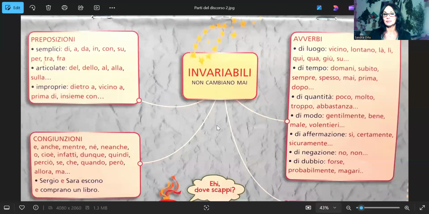Now let's see some parts that do not change. Invariabili means they do not change. Here we've got fewer things that do not change. Preposizioni: we have seen the prepositions. These are the simple ones. They never change; they are always the same. I'm not really in complete agreement with this: the articolate don't change?